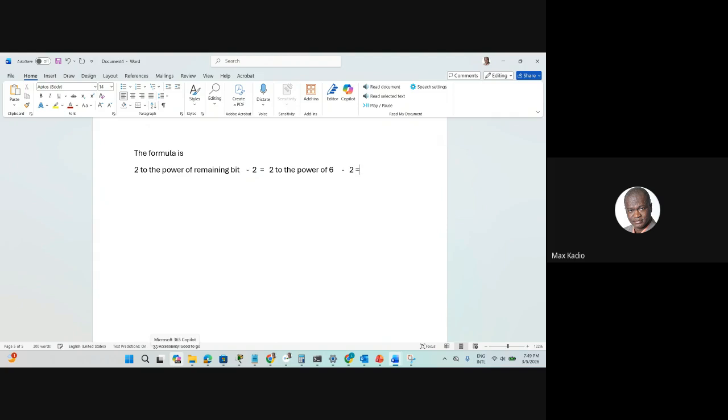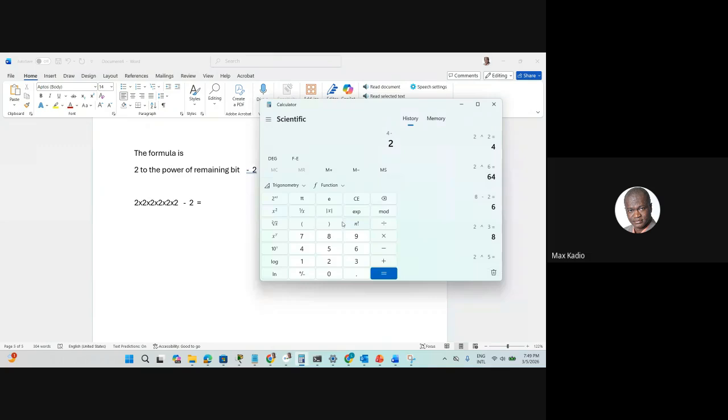So if you say 2 to the power of 6, it is 2 times 2 times 2 times 2 times 2 times 2, 6 times. 1, 2, 3, 4, 5, 6. Minus 2. So you take your calculator, you clear everything. 2 to the power of 6.